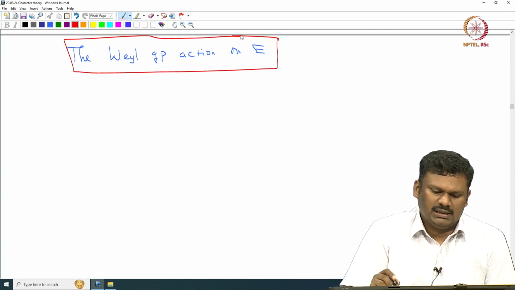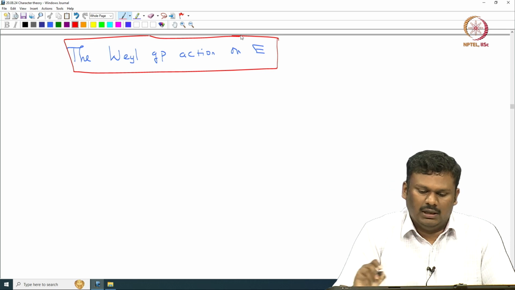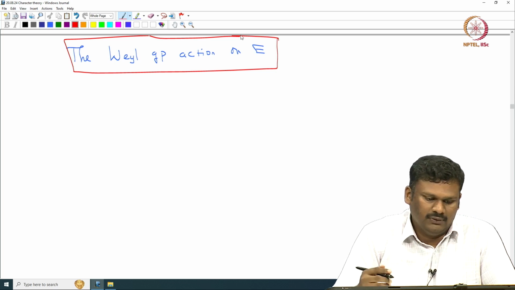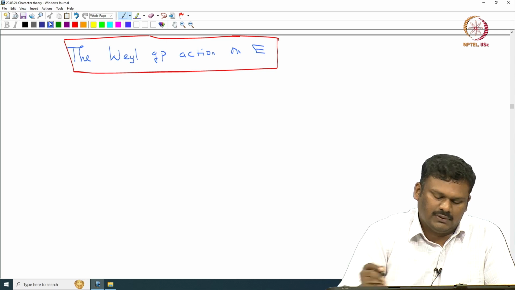Basically, the Weyl group, that is S n plus 1, acting on E, you can see that we can define the fundamental region for that. So, we are trying to find out what is that fundamental region, and we will give a very explicit description of that.